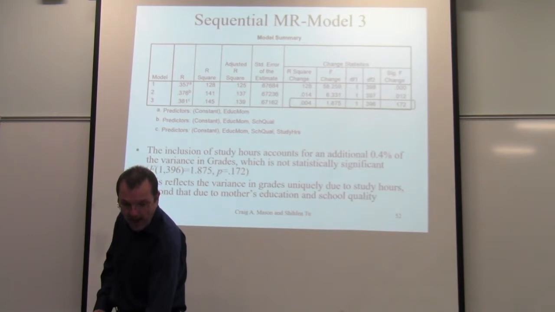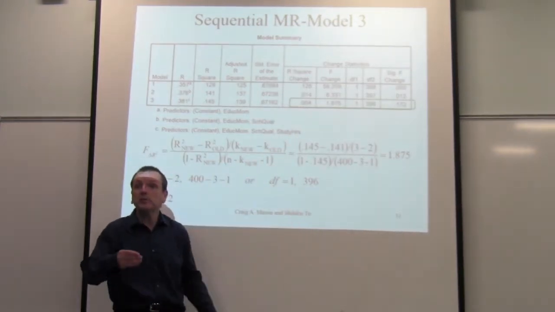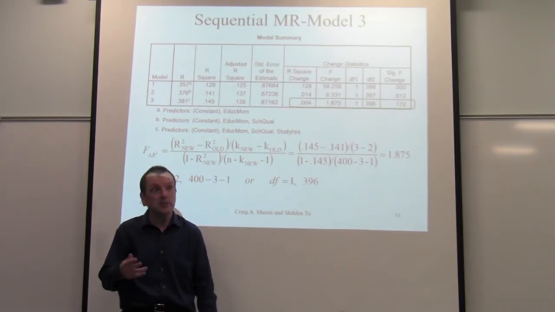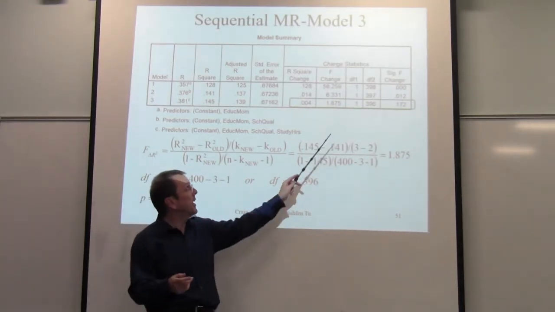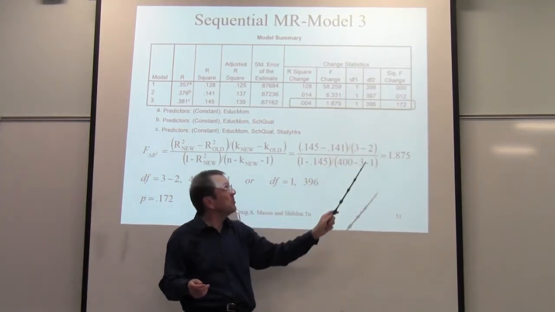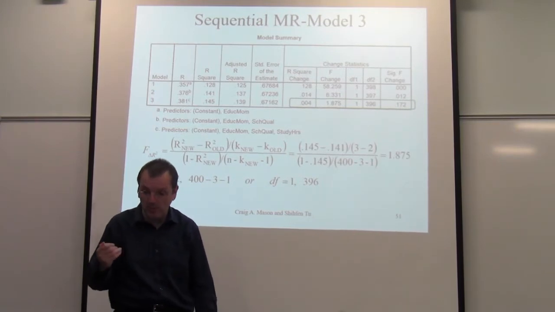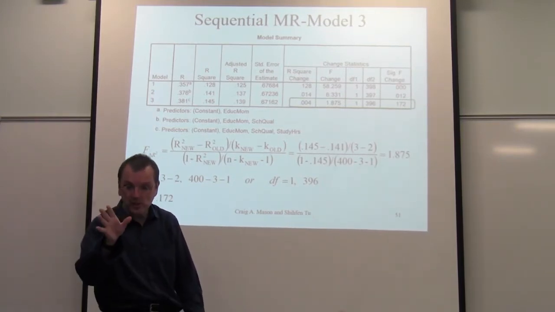The effect of adding study hours was not significant. Different question. An F with 1 and 396 degrees of freedom is 1.875, P is 0.172. So 2 different questions.